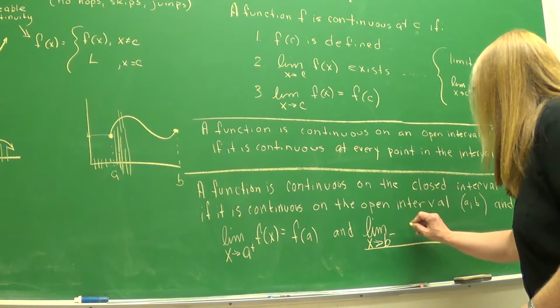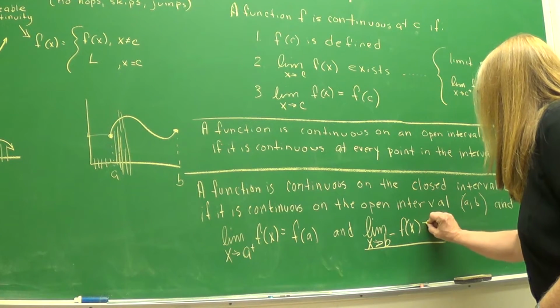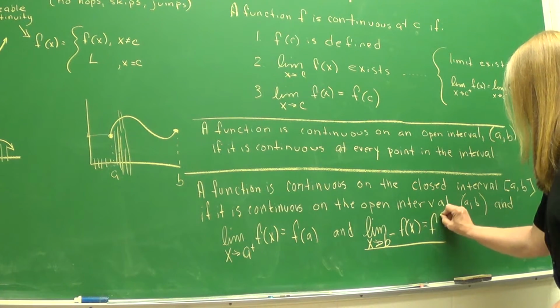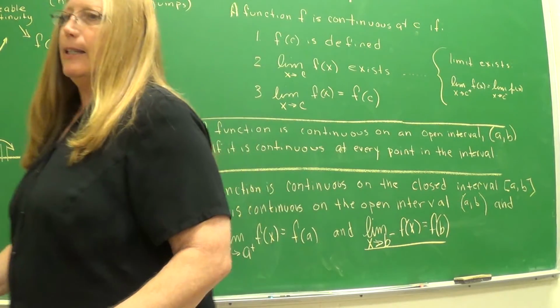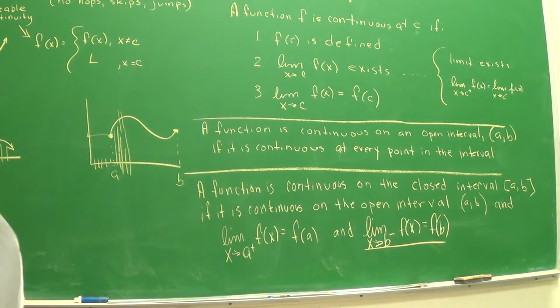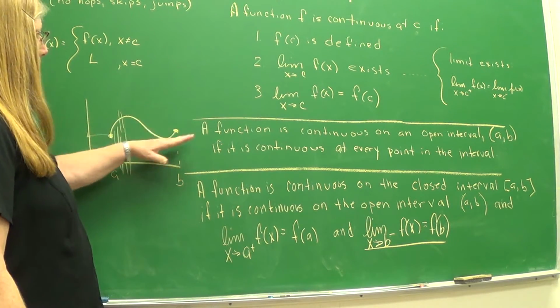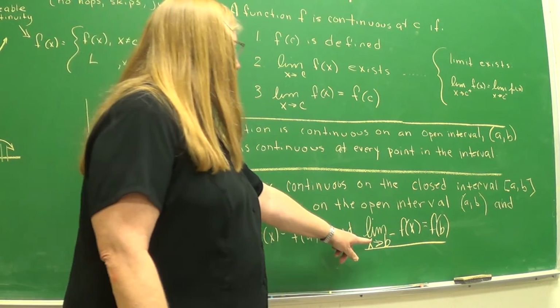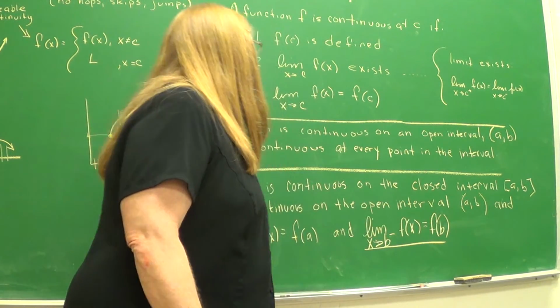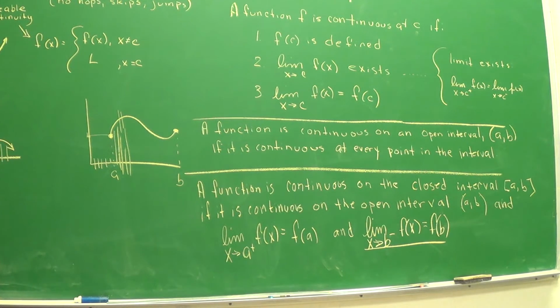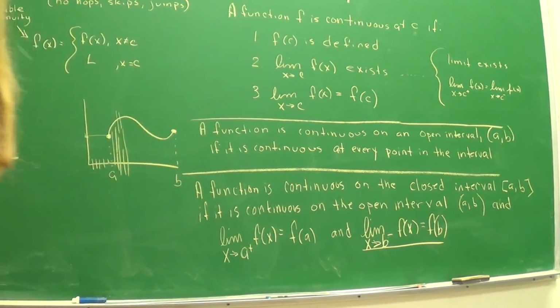The limit of f of x as x approaches b from the left is going to be f of b. So when we plug that value in, the function does not jump around or anything, it's actually on the curve. As we get closer and closer to b from the left, the function has f of b as its limit. All right, so let me switch the camera to another board, so we'll have part 2 in just a minute.